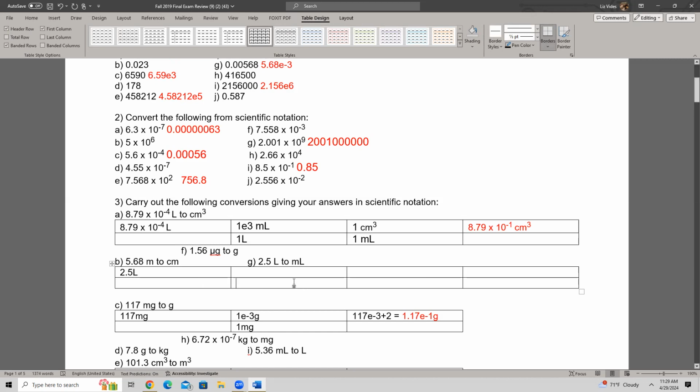This one's very straightforward. 1 liter is equal to 1 e to the positive 3, because we're going to milliliters. Remember, we're going down, so it's a positive exponent. The answer to this is simply 2.5 e to the third milliliters.